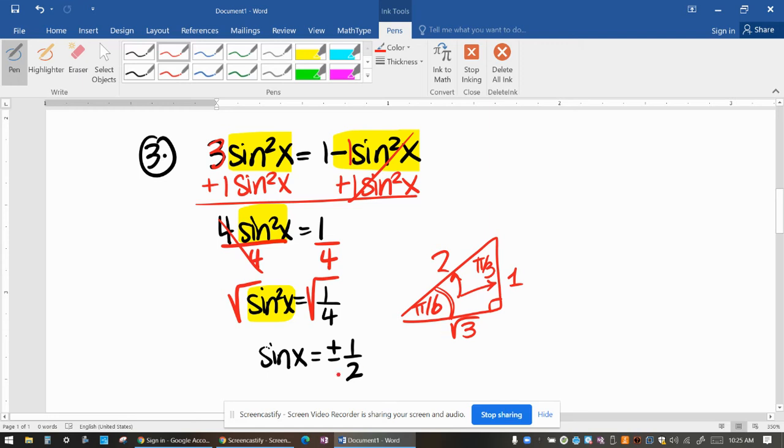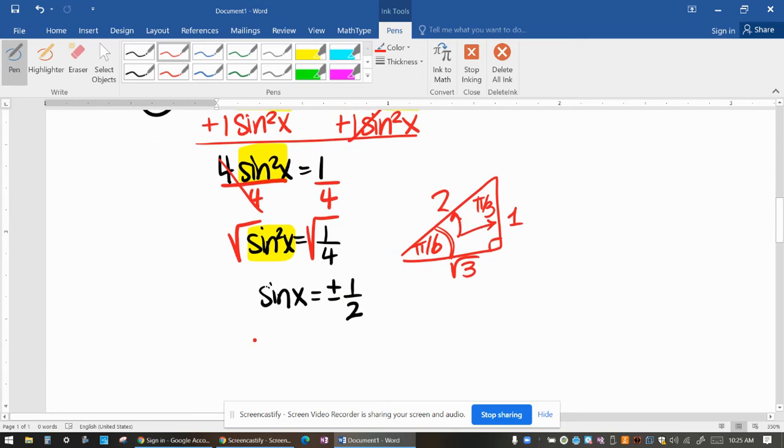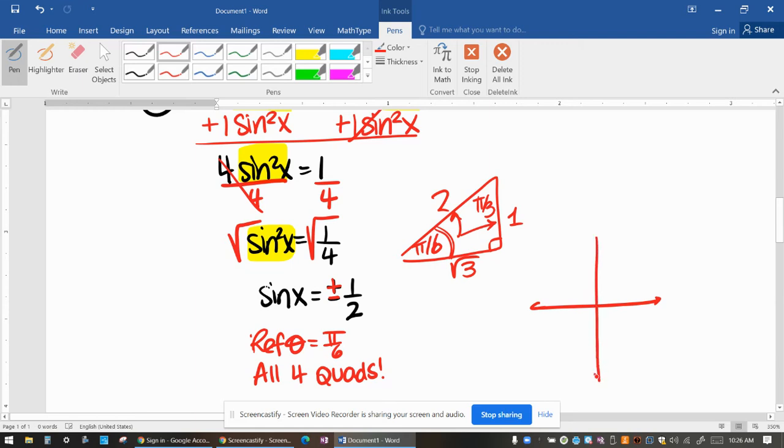Because of the plus or minus, I'm looking for any angle with a y value that is positive or negative and has a reference angle of pi over 6, in any of the 4 quadrants, because of the fact that it's plus or minus. So again, feel free to label all 6 pieces. So in this case, you're cutting the top half and the bottom half into 6 equal pieces, right?